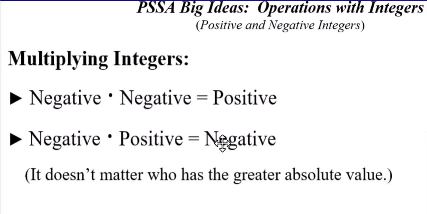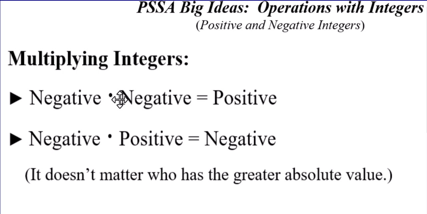This is kind of easier because you don't have to worry about who has the bigger absolute value anymore whenever you multiply or divide. If you have two numbers with the same sign, whether they're both negative or even if they're both positive, which I didn't even bother putting on the page because I figured you all knew a positive times a positive equals a positive.